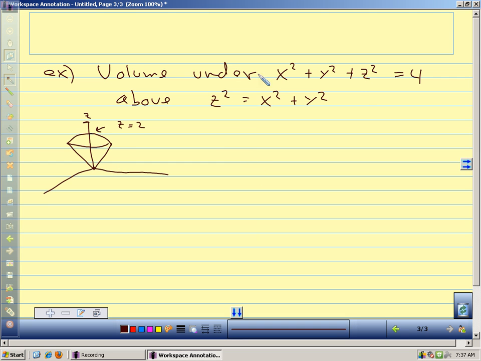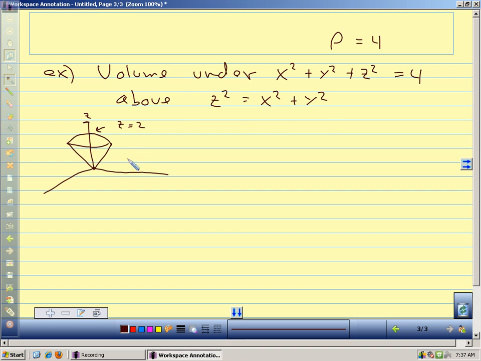So we need to represent the sphere and the cone in spherical coordinates. So x squared plus y squared plus z squared equals 4. In spherical coordinates, what is x squared plus y squared plus z squared? Rho squared. So this is rho squared equals 4.